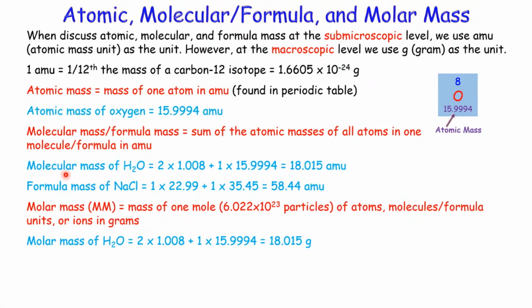We know the molecular mass of water is 18.015 AMU. Then the molar mass value is the same, only in grams. Molar mass of sodium chloride is 58.44. The same value, but a different unit compared with the formula mass. Okay.